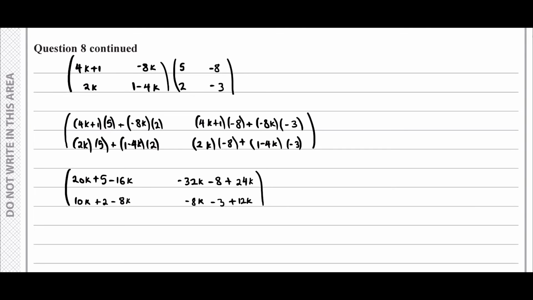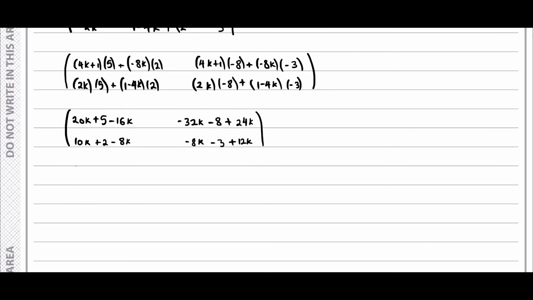And if we simplify all this, we have 4k plus 5 minus 8k minus 8, 2k plus 2, and minus 4k plus 3.